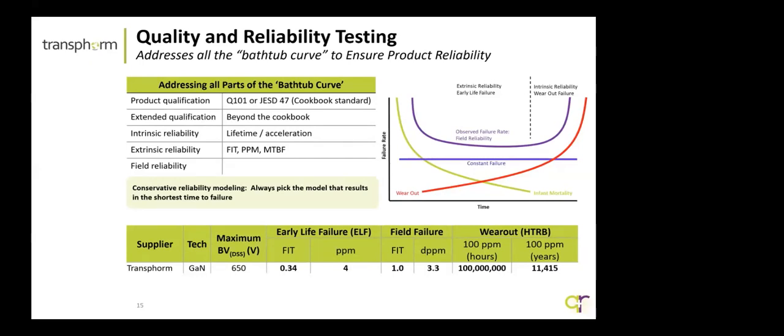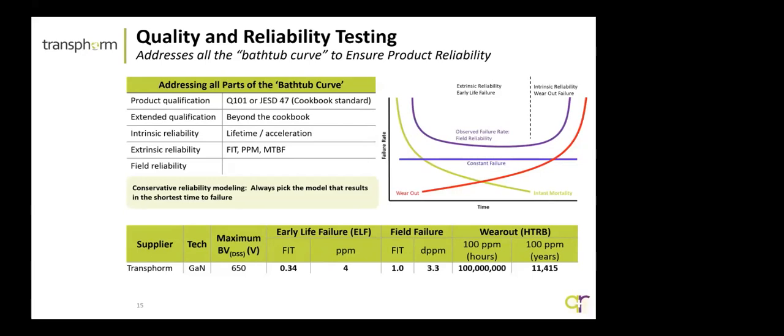This is really understanding the PPM, the part of the curve where it's descending, and then the FIT rate, which is the constant failure rate, and MTBF. We continually promote our field reliability, which is currently at a defective parts per million of 3.3, a constant failure rate of 1.0, a PPM of 4, and an internal failure rate, early failure life, of 0.34.